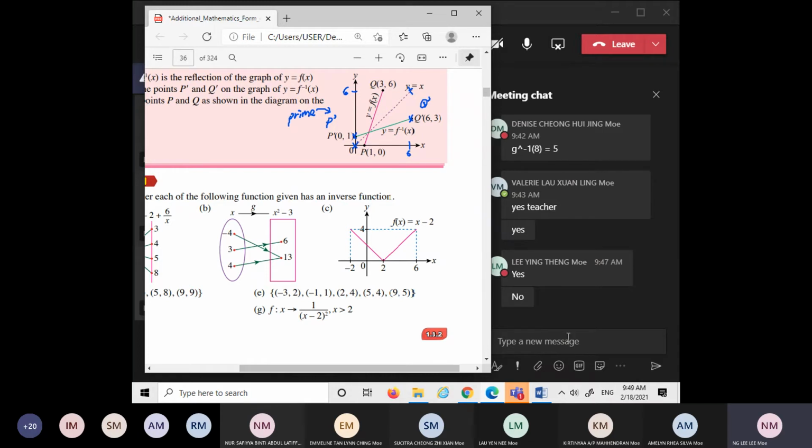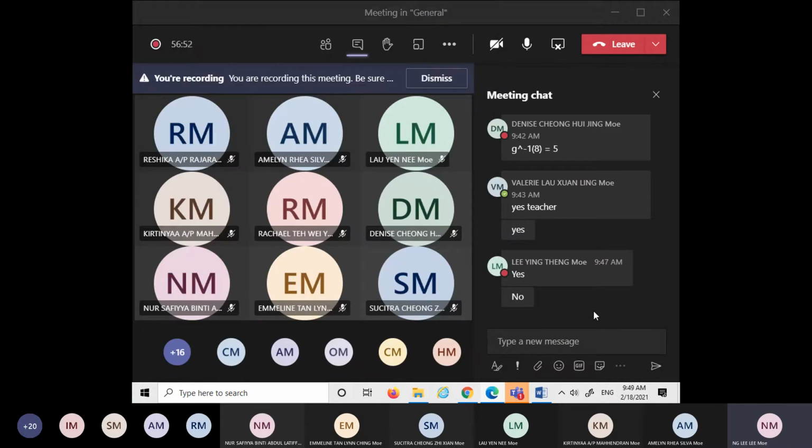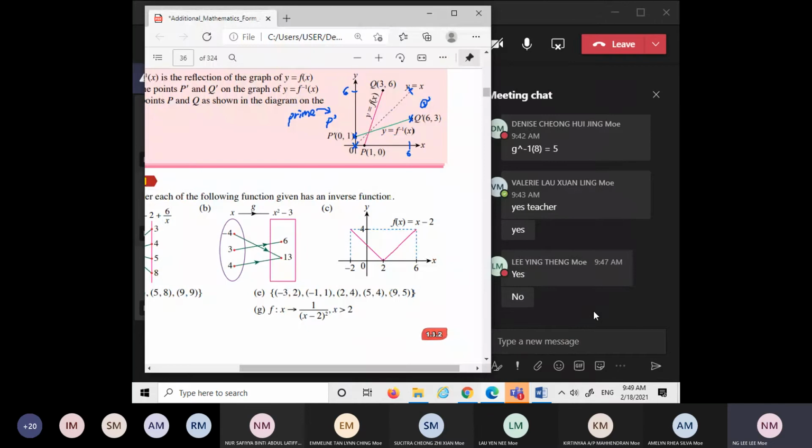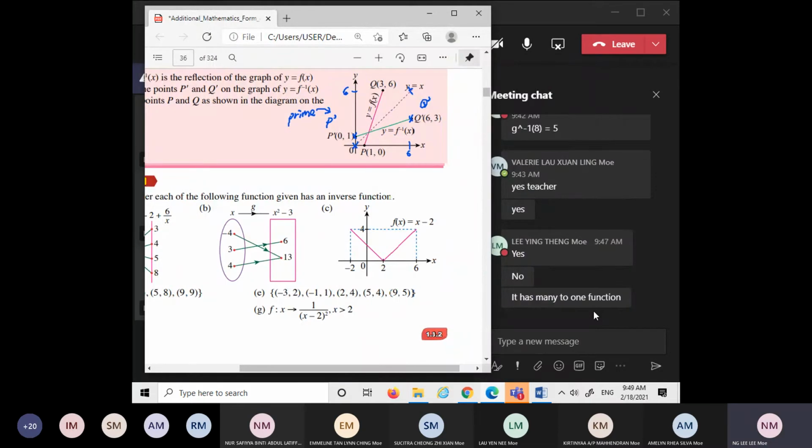What type of function is this? You think it is many to one? Okay, because these two objects map to the same image, so it is many to one. That's why this function does not have an inverse function.